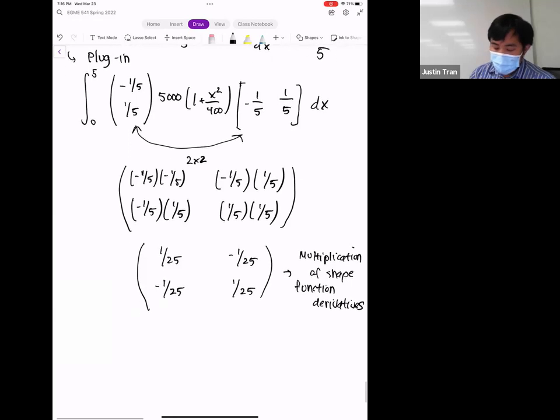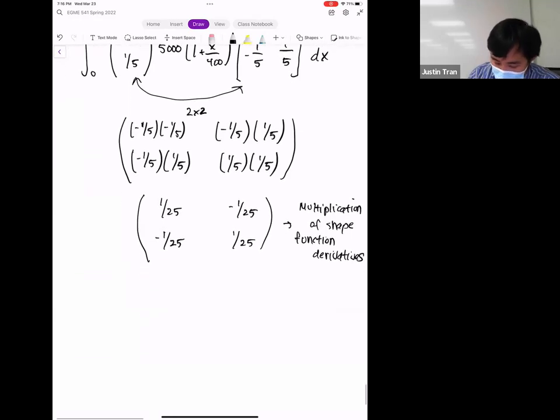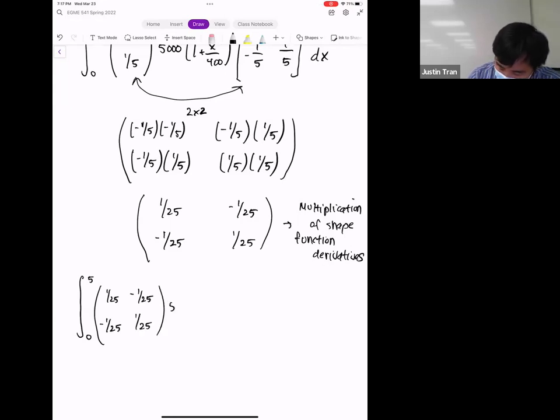If we put that together, we pop that into the integral. We have the integral from 0 to 5 of this matrix, 1 over 25, minus 1 over 25, minus 1 over 25, 1 over 25. We still have our 5,000, and we still have our A function, which is 1 plus x squared divided by 400, and now we have a dx.